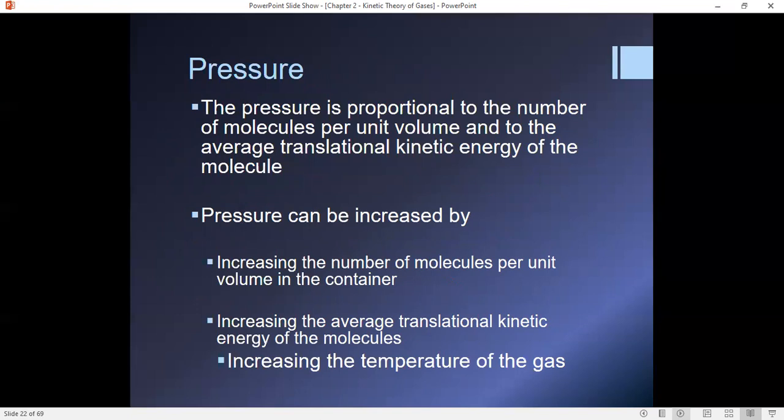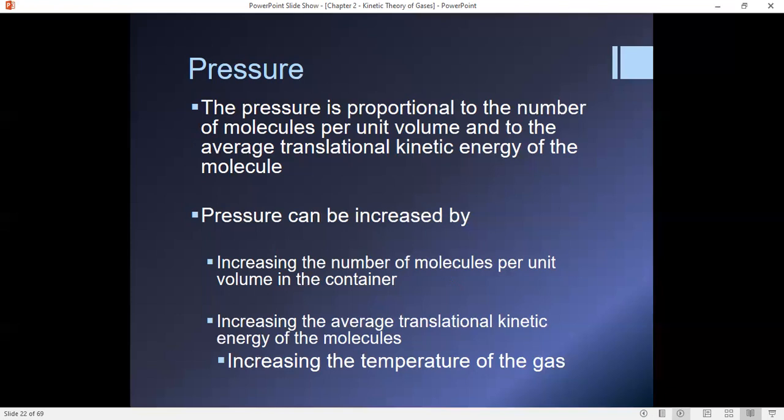Essentially, if we had one single molecule bouncing around in a container, we would only experience a force when a collision took place. But if you have 1 mole of gas, you have 6.022 times 10 to the 23 molecules colliding with the wall. So instead of the pressure only taking place when a collision takes place, there are so many molecules colliding at any one time that all of this evens out and the pressure is pretty much constant.